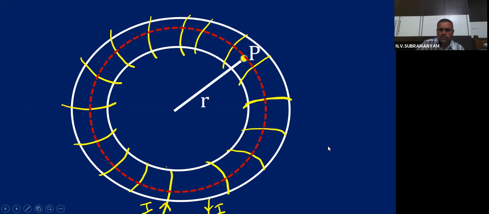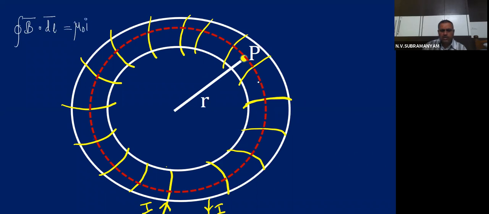Yes or not? Circle means automatically a closed curve. So when I am taking a closed curve, I can apply Ampere's circuital law. Our circuital law, what does it tell? Integral B dot dl is equal to mu 0.